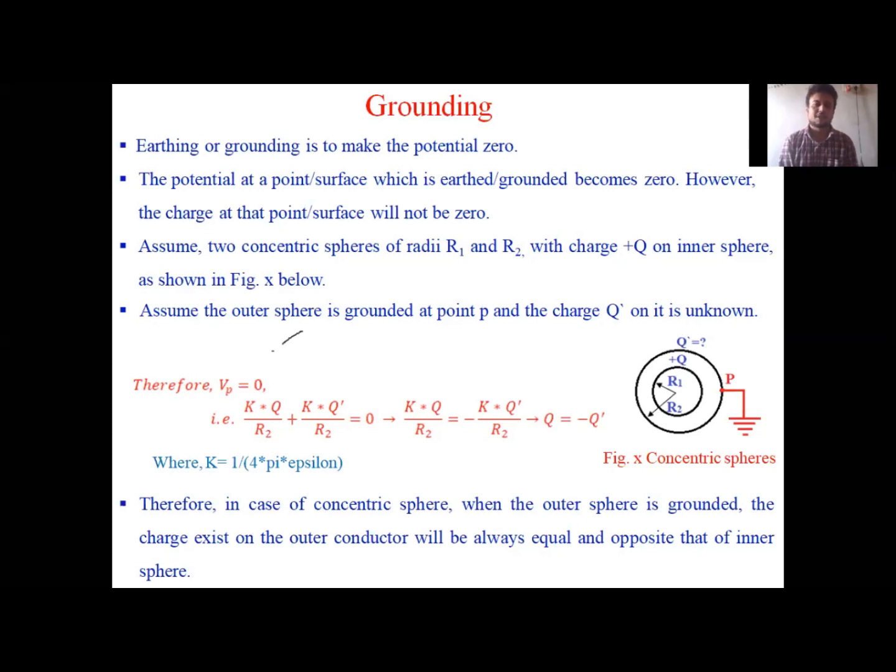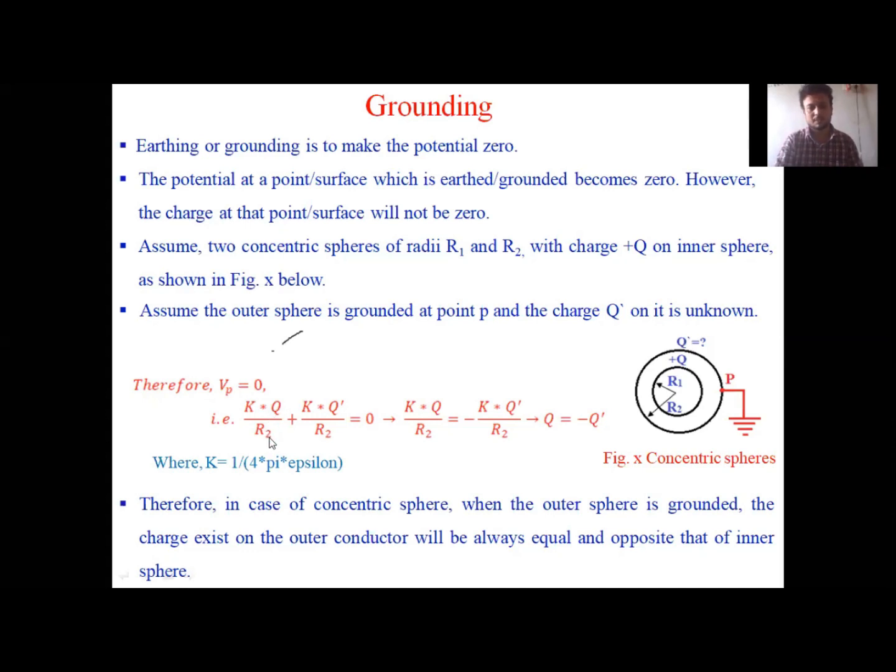So what is the net potential at point P? Net potential at point P is due to the potential of plus charge Q and the potential of charge Q dash, which is there on the outer sphere. So potential at point P due to charge Q on the inner sphere is K, which is nothing but 1 upon 4 pi epsilon, so Q by 4 pi epsilon R2.